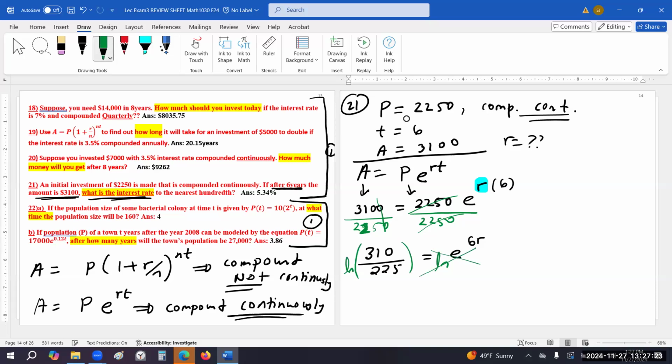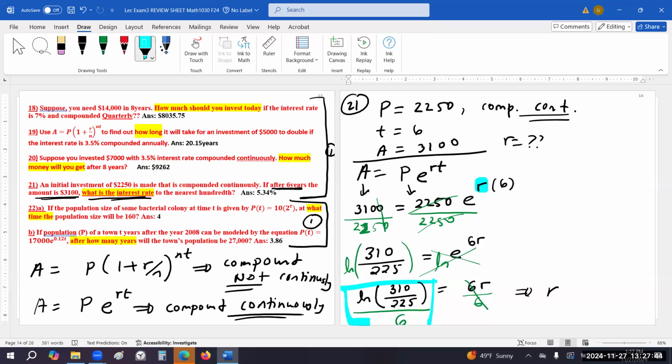They cancel. We have 6r is ln of 310 over 225. So we put this inside the calculator.